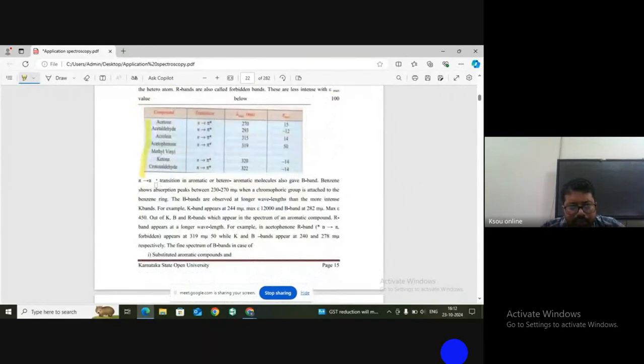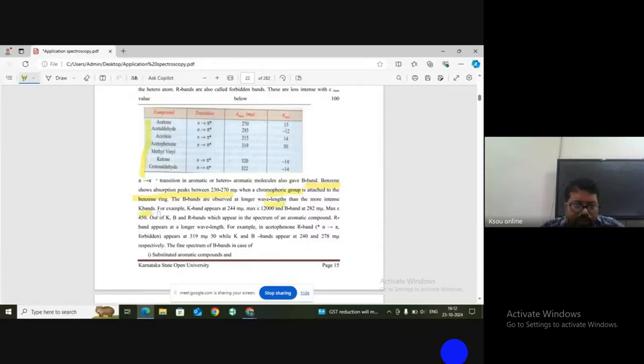Next, the pi to pi star transition in aromatic or heteroaromatic molecules gives the B band. Benzene shows absorption peaks between 230 to 270. But when a chromophoric group, such as an electron donating group, is attached to the benzene ring, the B bands are observed at longer wavelength than the more intense K bands.